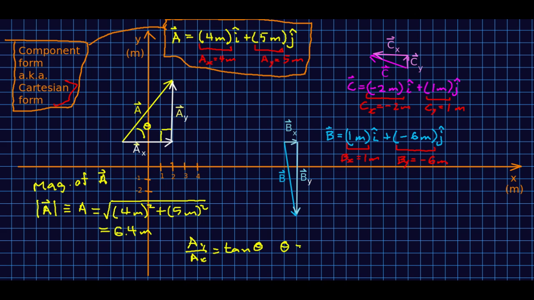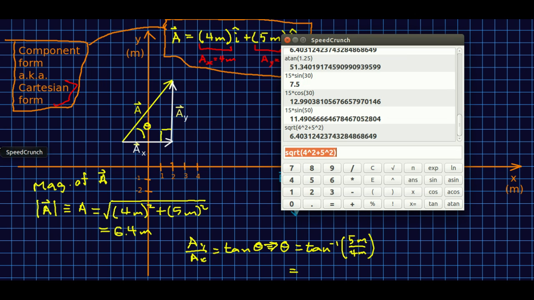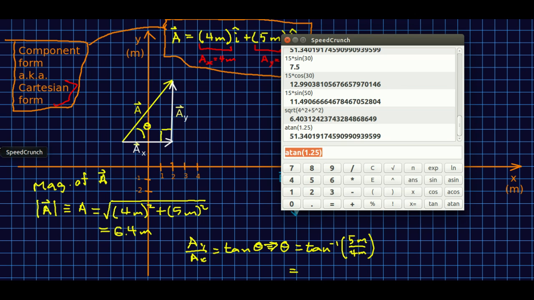And so theta is just the inverse tan of AY over AX. So that's 5 meters over 4 meters. And so that's the inverse tan of 1.25, which is about 51 degrees.